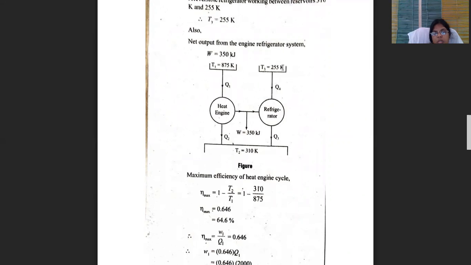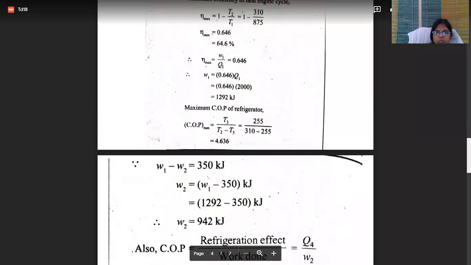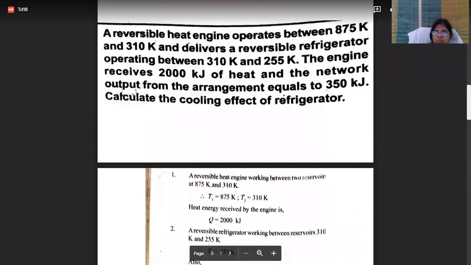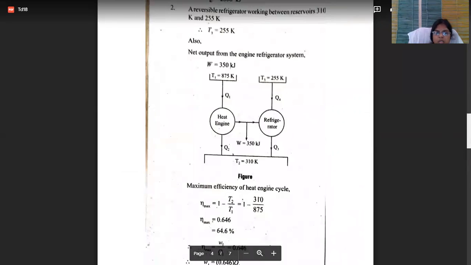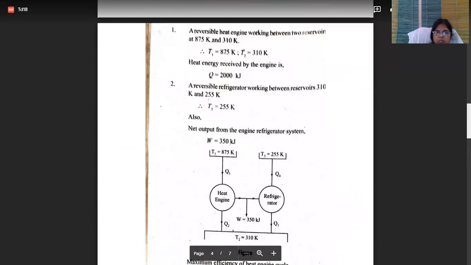That is the cooling effect or desired effect for the refrigerator, that is Q3, by the work done, Q2 minus Q3. The work done is the same. So T3 by T2 minus T3.